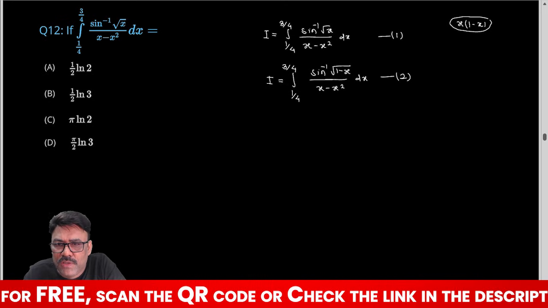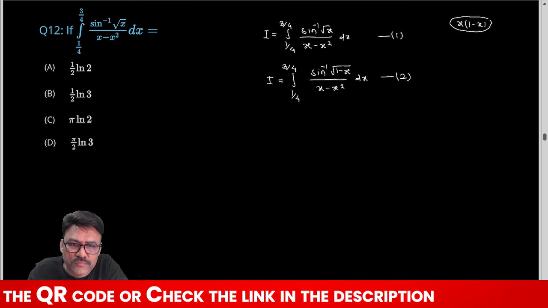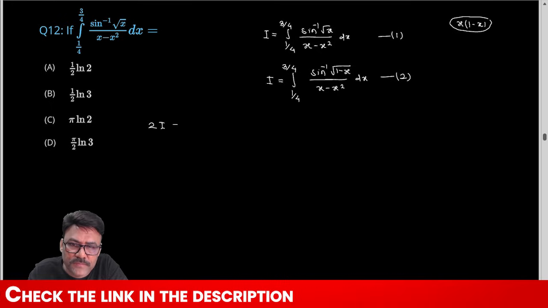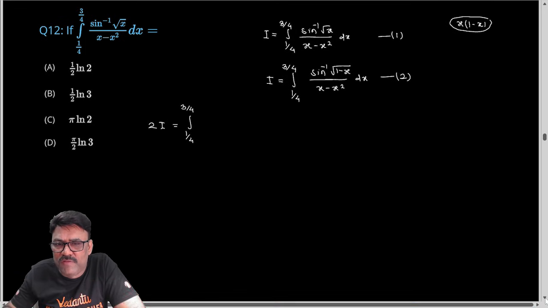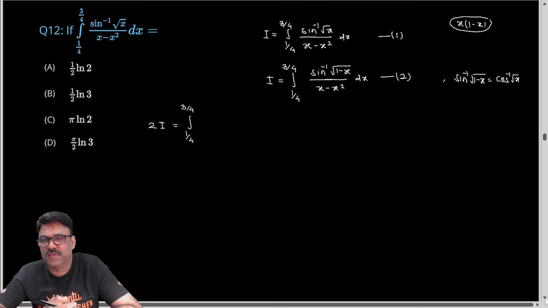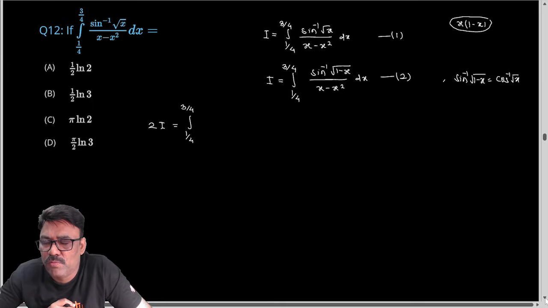Now if you add these two, 1 and 2, you will get 2I equal to the integral from 1 by 4 to 3 by 4 of sine inverse root x plus sine inverse under root 1 minus x. Actually, sine inverse under root 1 minus x can be written as cos inverse root x. You can easily verify both are the same thing.